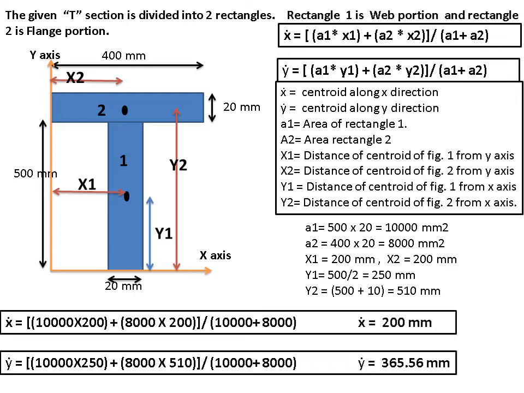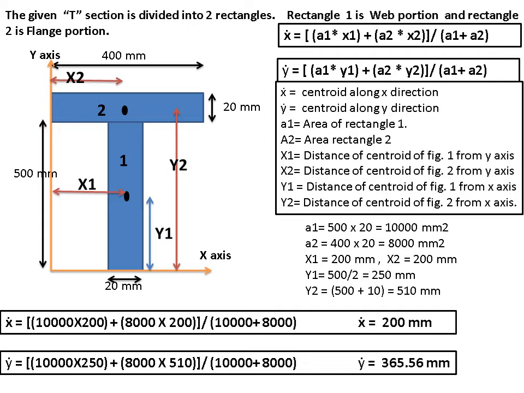So x1 will be 200 mm. x2 is the distance of centroid of second figure from y-axis in horizontal direction. So total width of flange is 400 mm. It will lie at center of 400, that is 200 mm. So x2 is also equal to 200 mm. y1, it is distance of centroid of first rectangle measured from x-axis in vertical direction.